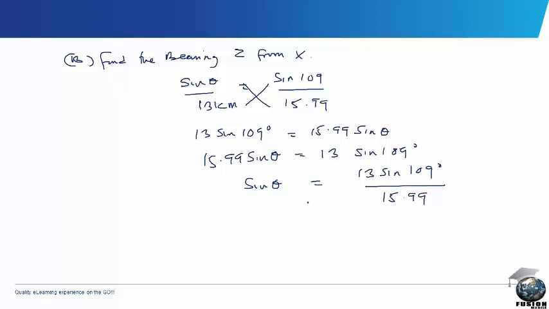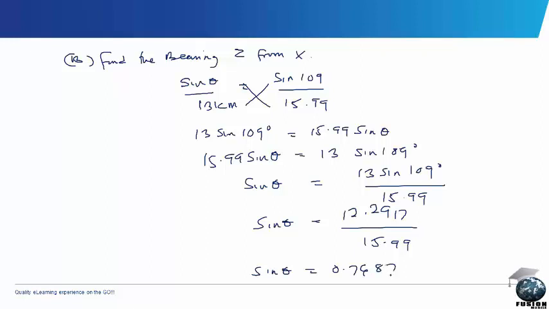If you carry out that computation, 13 sine 109 is equal to 12.2917, divided by 15.99, so sine theta will be equal to 0.7687.